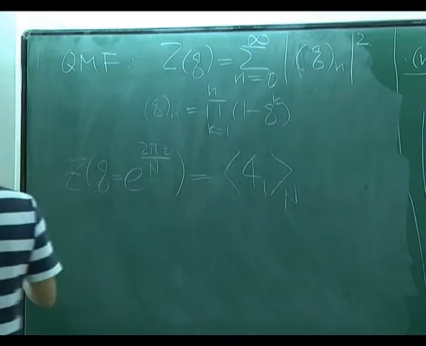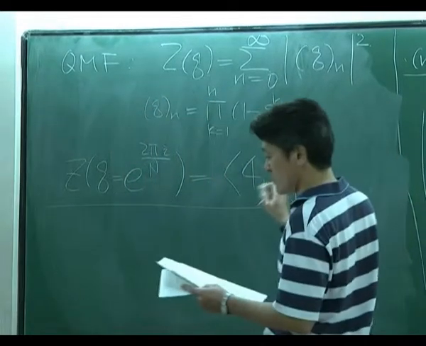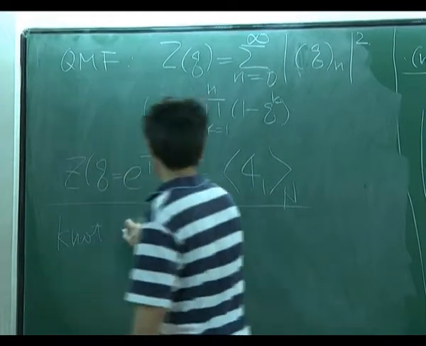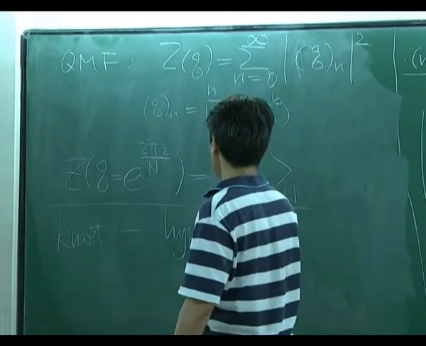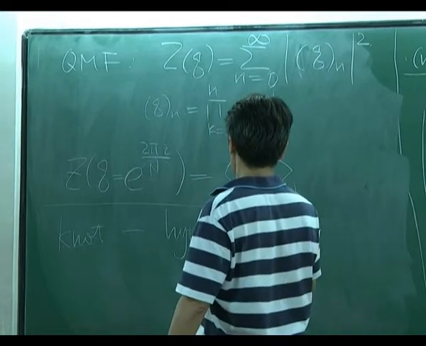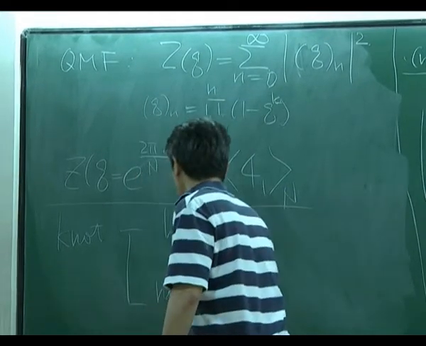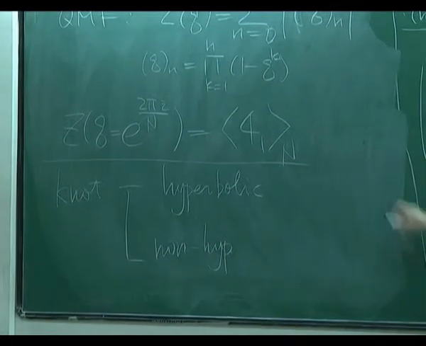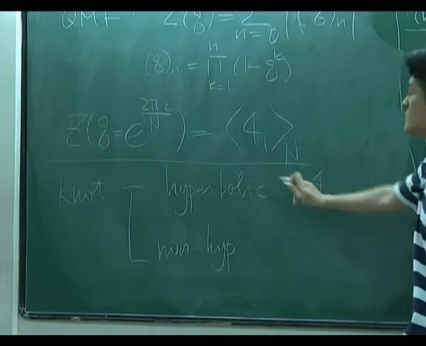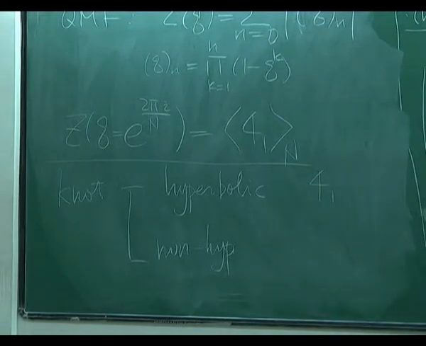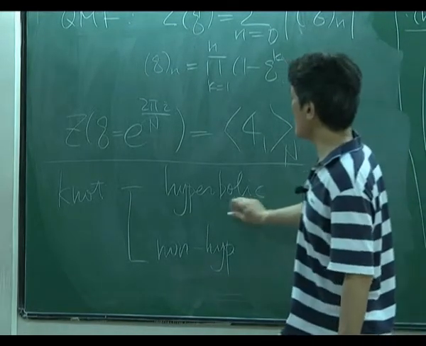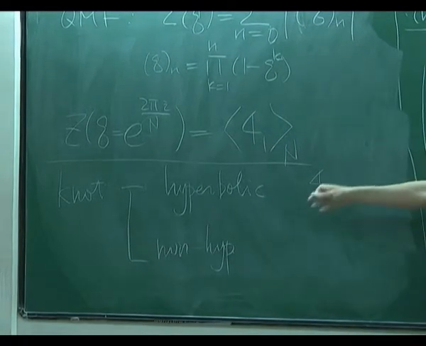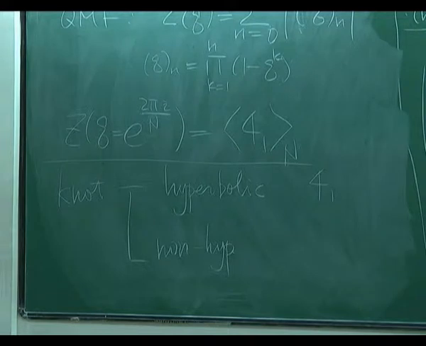Okay, so anyway, what I want to say is that knots are classified into hyperbolic ones and non-hyperbolic ones. And as I said, the behavior of the Kashaev invariant for the hyperbolic case is very difficult.